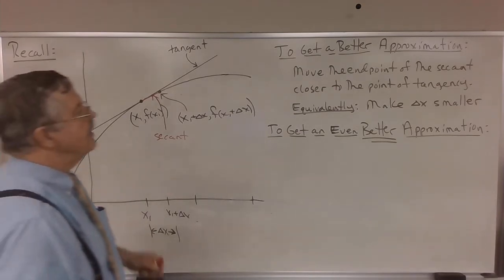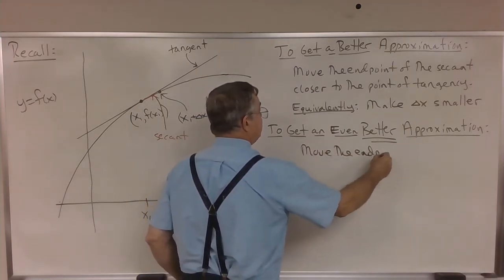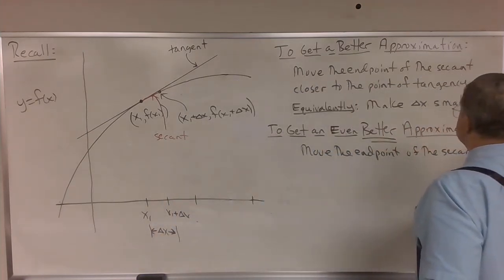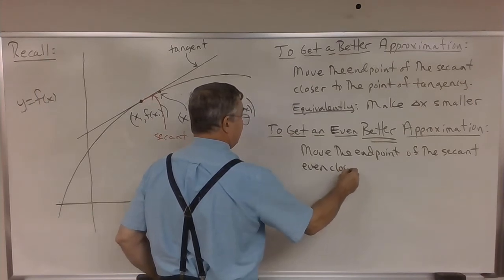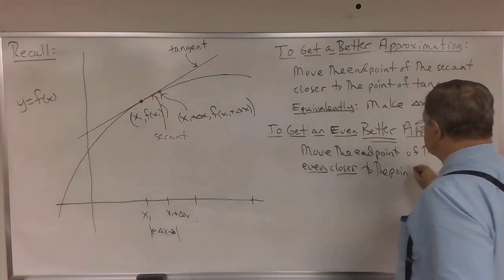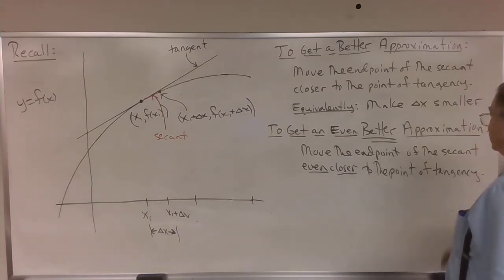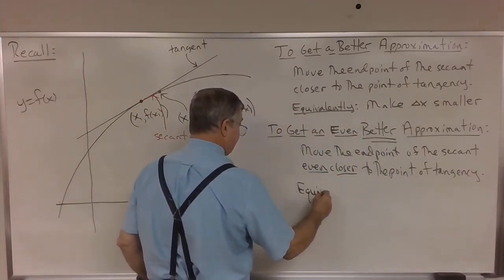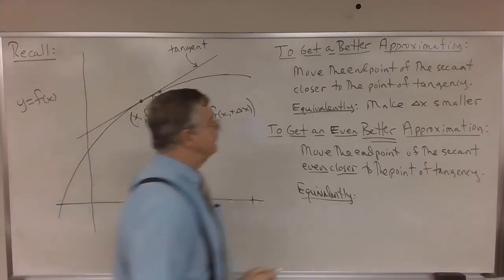So to get an even better approximation, move the end point of the secant even closer to the point of tangency, or equivalently, make delta x even smaller.